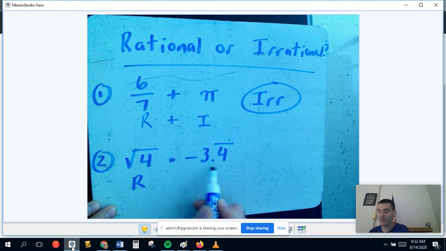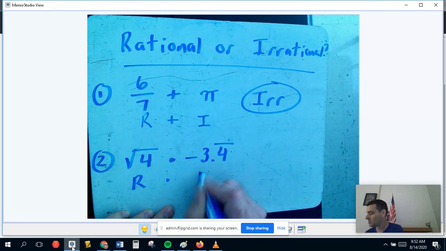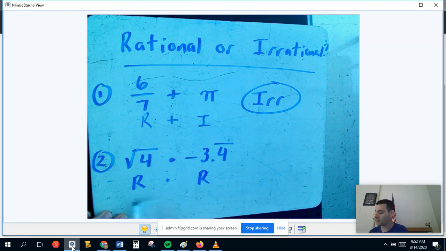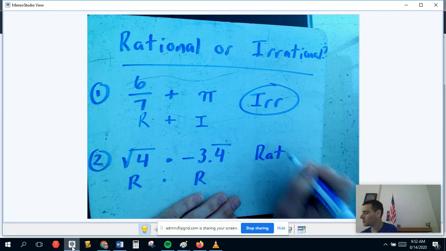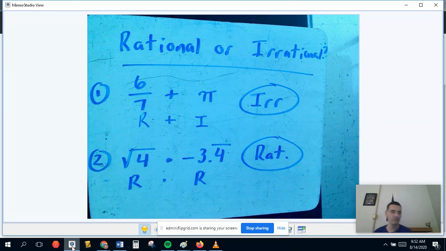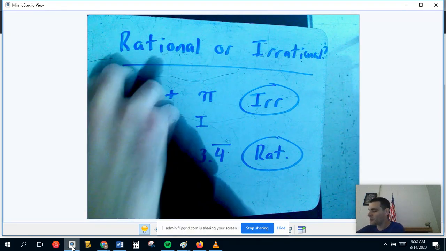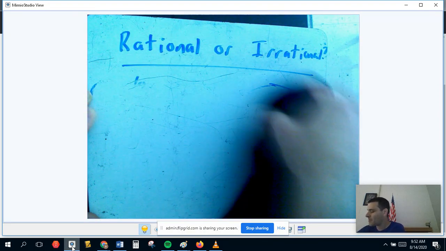And negative 3.4 repeats. So since we have a repeating decimal, that is rational. Okay? Anytime, whether it be add or multiply, anytime you combine two rationals, the answer is going to be rational. Okay? 2 more. Of course, you can pause in there anytime you need to stop and think about it for a minute.